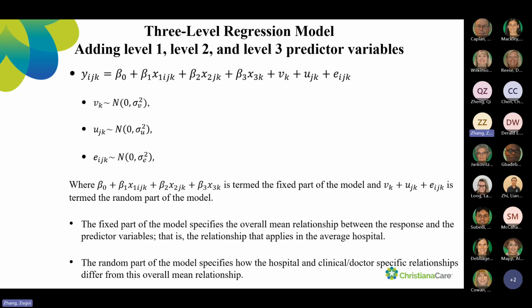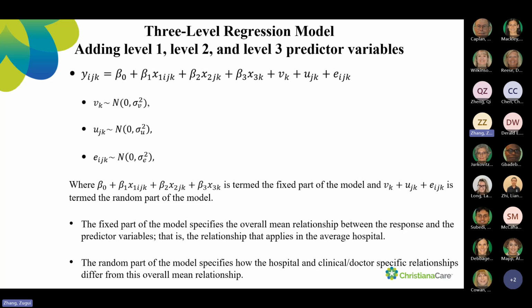And then we will have 3 types of errors, for level 1, level 2, and level 3. So we will have these 3 error terms for the 3-level regression.